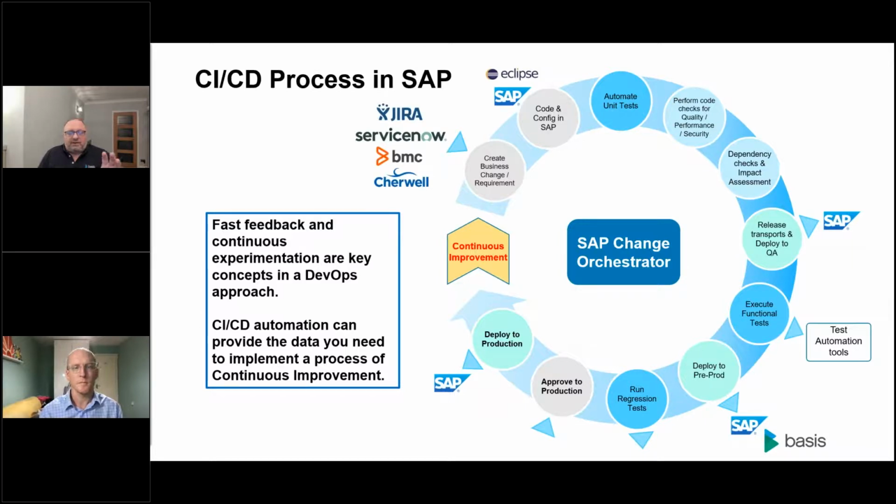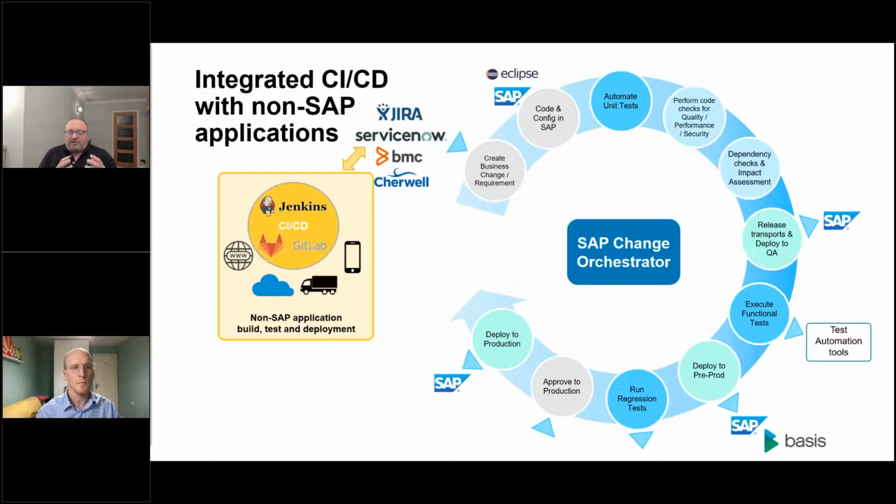So that's us looking at how to orchestrate an SAP change or changes through an SAP landscape using our SAP Change Orchestrator and all the automation it can give us to help us do that. But what we find quite often these days is that that's not enough for organizations anymore. They have a whole host of applications that sit outside of SAP.